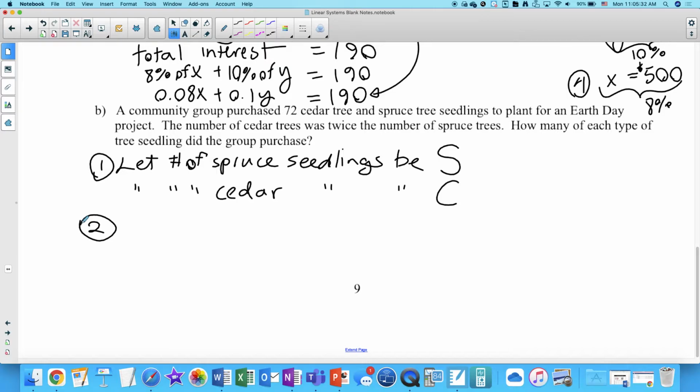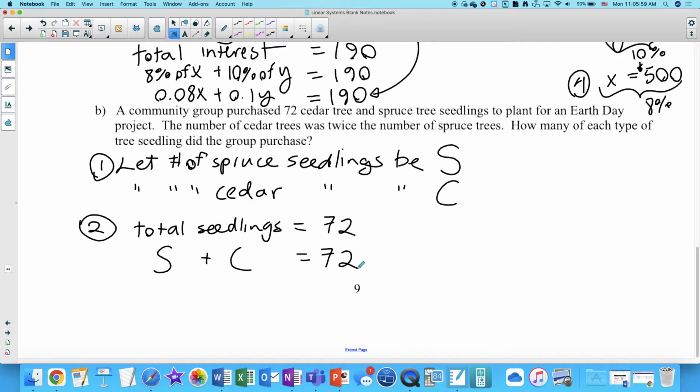Not cedar trees necessarily yet. All of them, right? So 72 is all the trees added up. So that would be S plus C. Total seedlings equals 72. So that's S plus C equals 72.